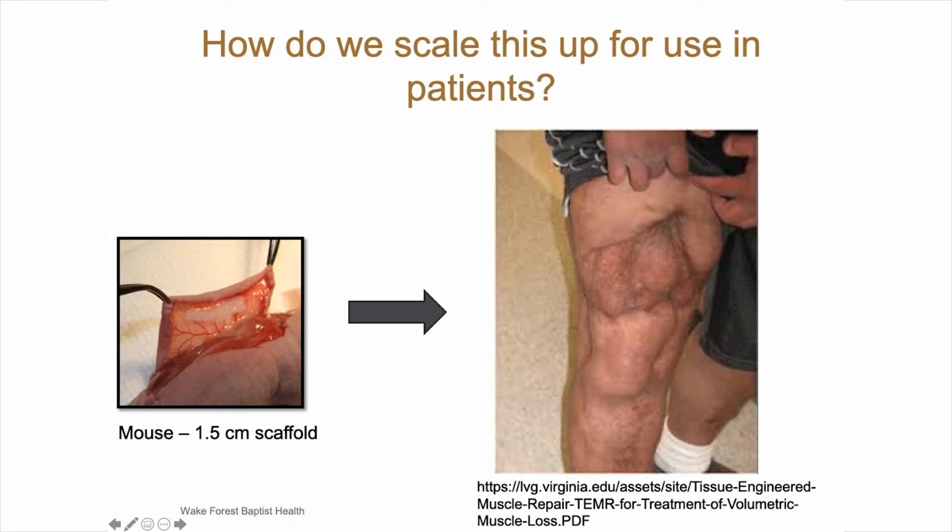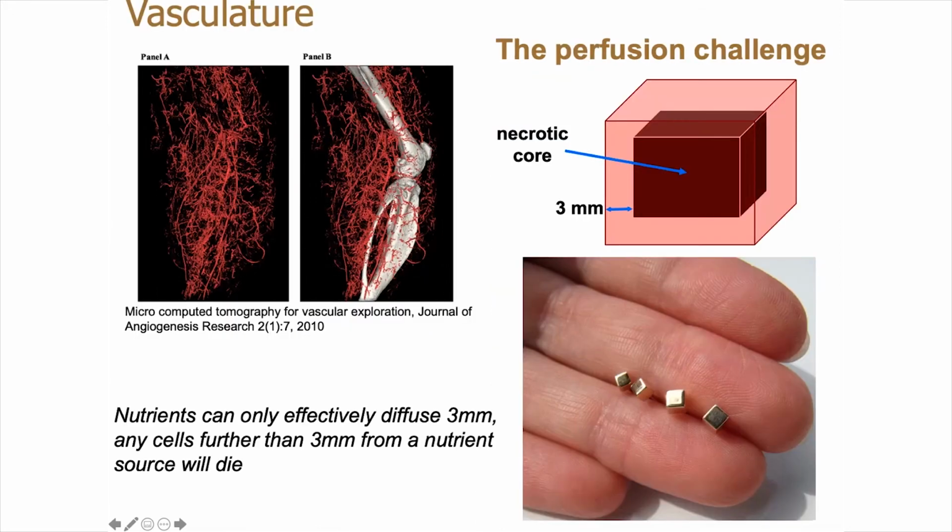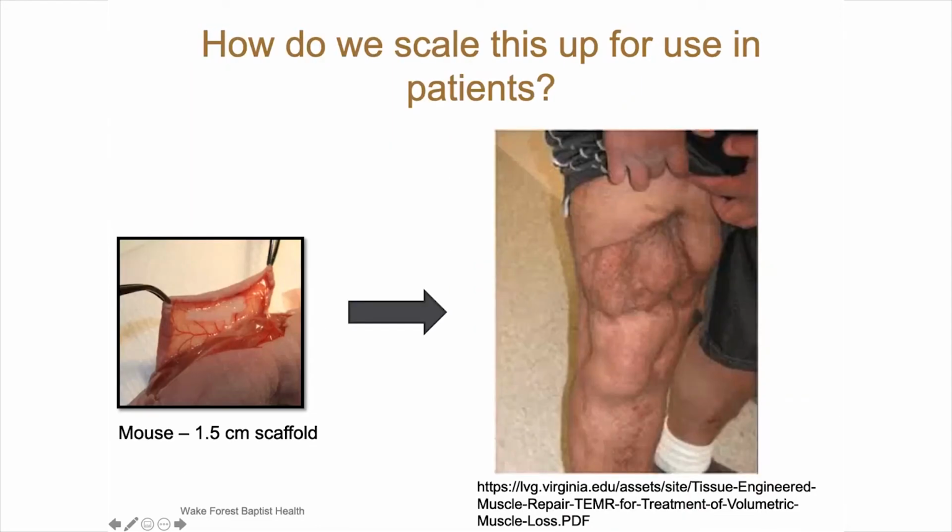Now this scaffold is about 1.5 centimeters in size, and it's only a couple of millimeters thick, and there was skeletal muscle tissue on it. However, this is what we need, right? This is the skeletal muscle tissue that we need. And so how do we scale from this to this? It's a problem. We haven't quite gotten there yet.